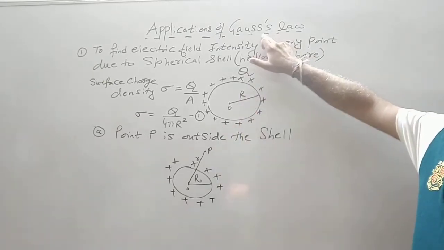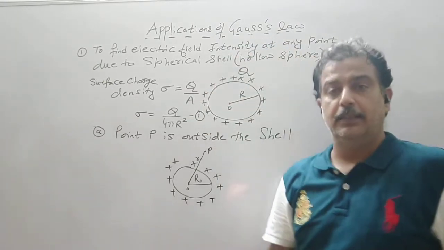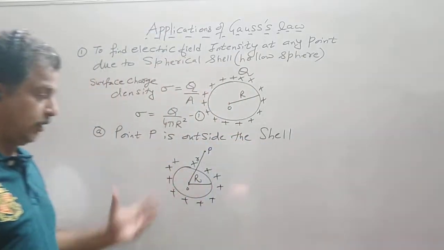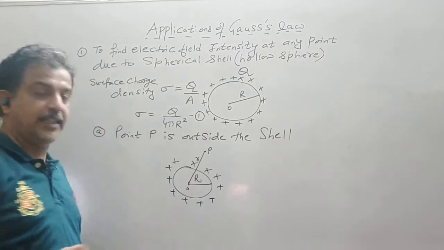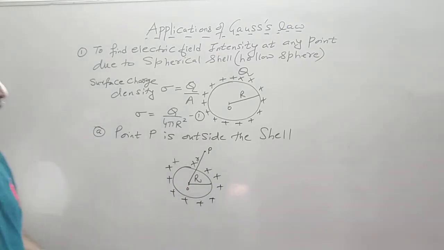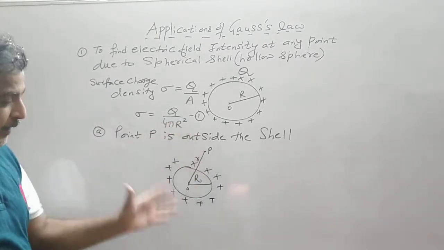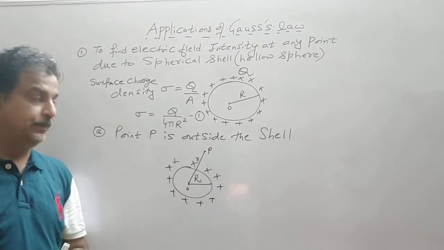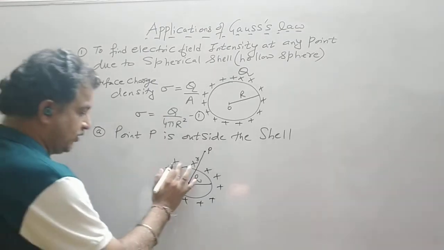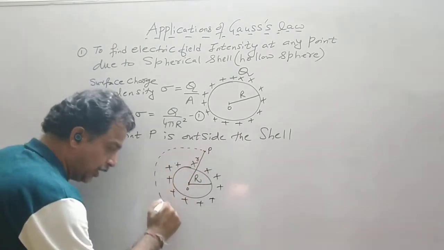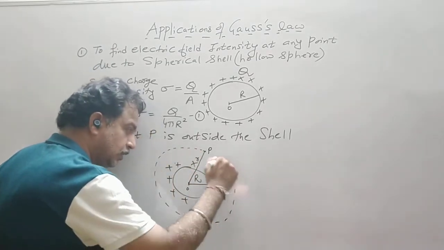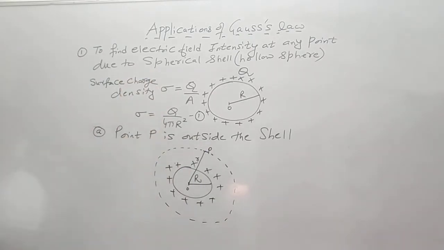Now if you have to apply the Gauss law, the first step is to take a Gaussian surface in such a way that the charge is enclosed inside it, and the point P comes on the surface of the Gaussian surface. So this is an imaginary concept. We assume a spherical Gaussian surface, shown by the dotted line.